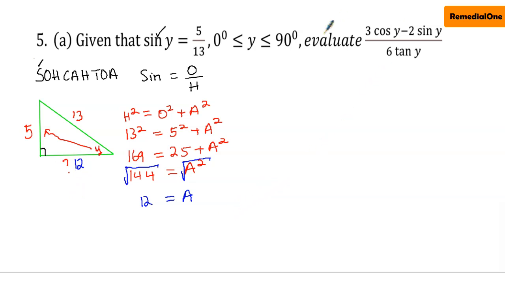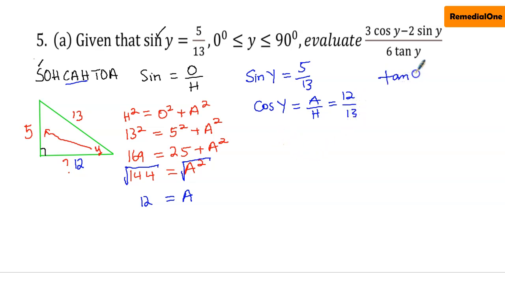Now we have to look at the expression here. We need cos y and we need tan y. So we already know our sine y is 5 on 13. Then our cos y, cos is adjacent over hypotenuse, and we found the adjacent to be 12 and the hypotenuse is 13.